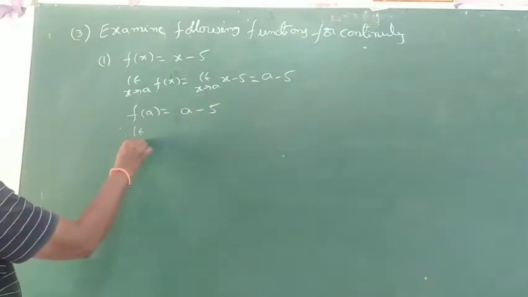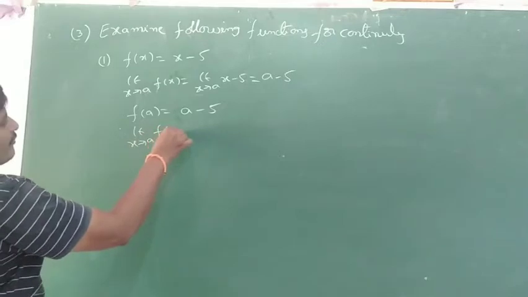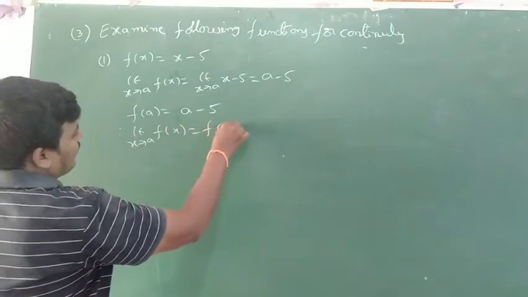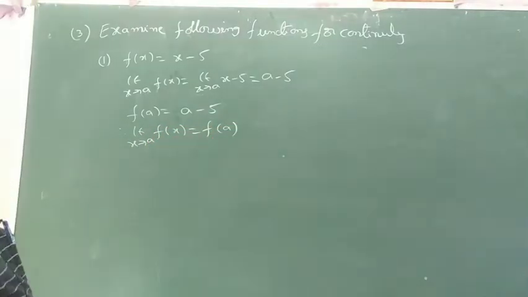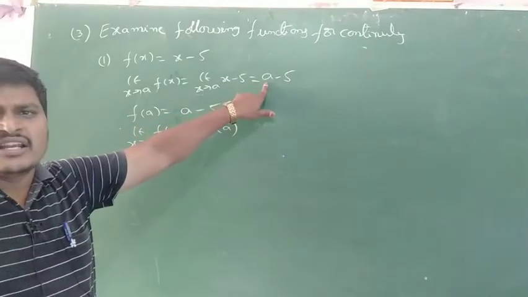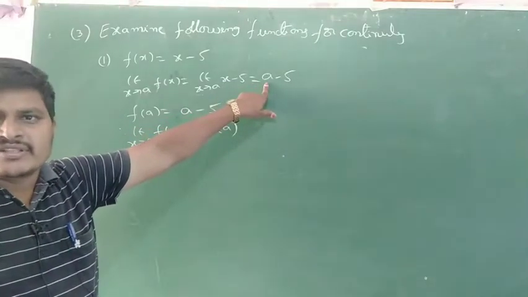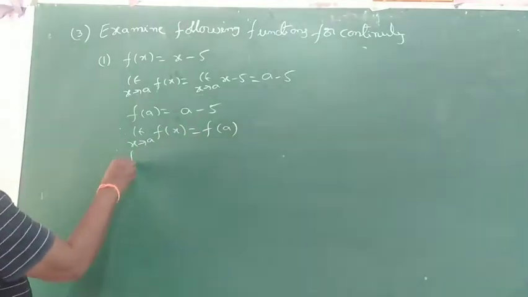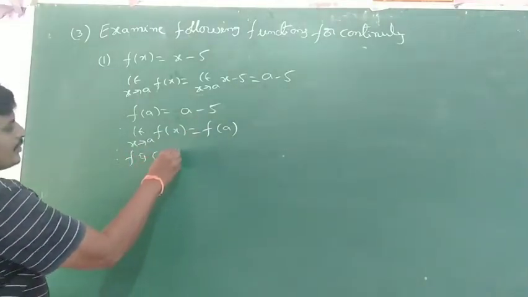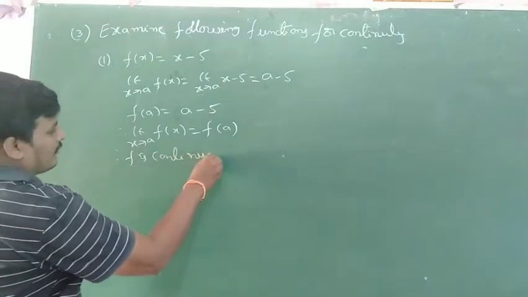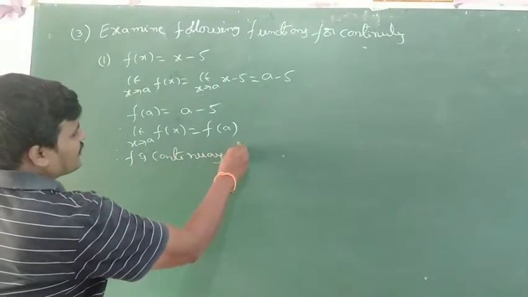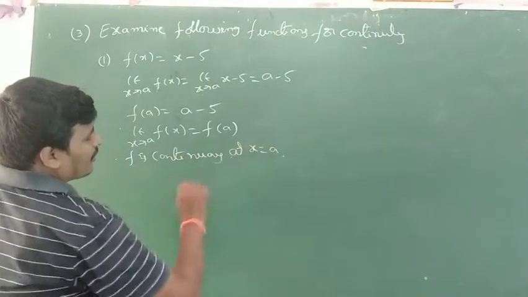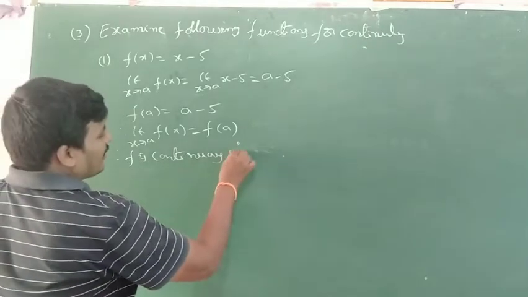Therefore, limit x tends to a of f of x is equal to f of a, and it is defined. a is any real number. Both are same, so f is continuous at x is equal to a or at any real number.